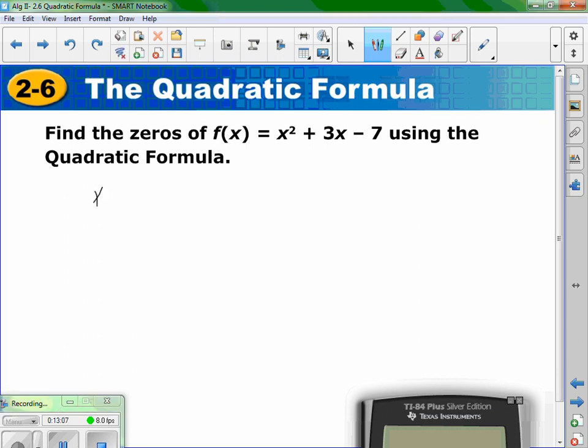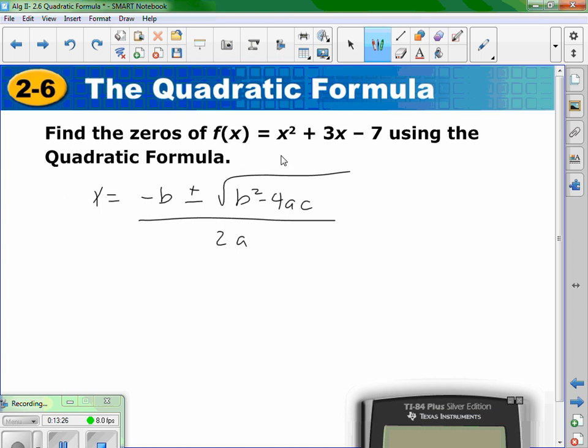Quadratic formula, what is it? The hardest part of these problems is probably remembering this. What's your A? There's no 1 there. How do you know it's 1? An x squared by itself means 1.